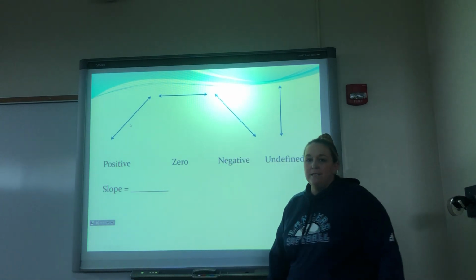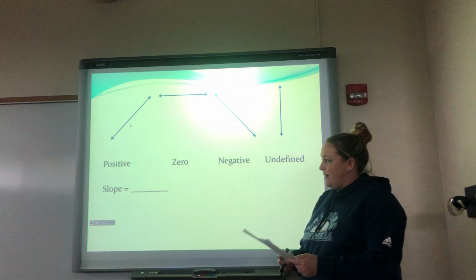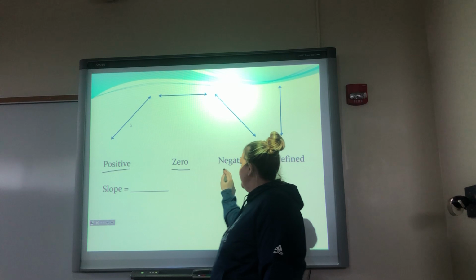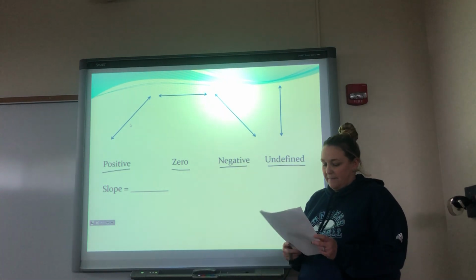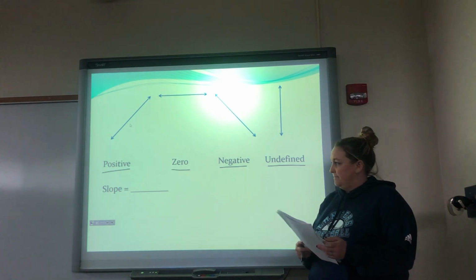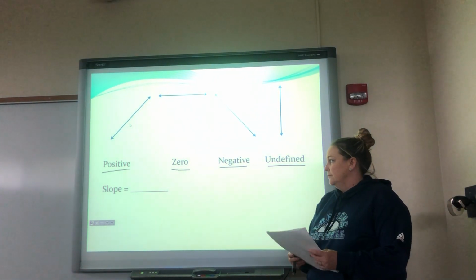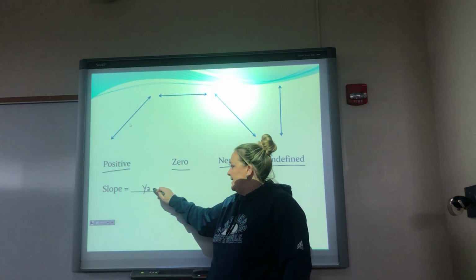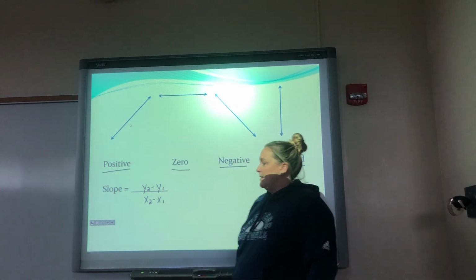Okay, so here's your 4 types of slope. You have blanks on your paper under these pictures. There's positive, 0, negative, and undefined. And then the quote-unquote formula for finding slope is y2 minus y1 over x2 minus x1.